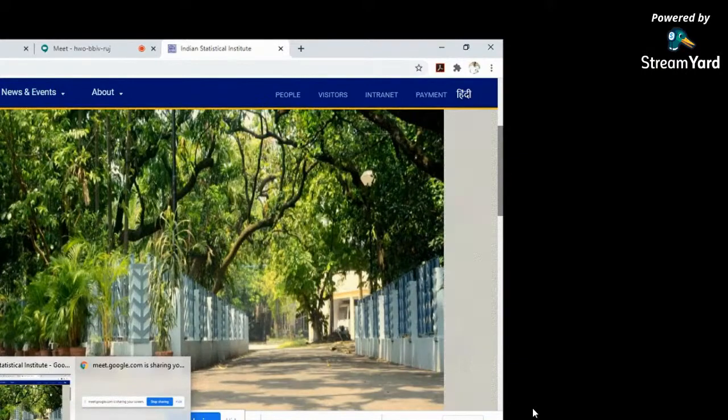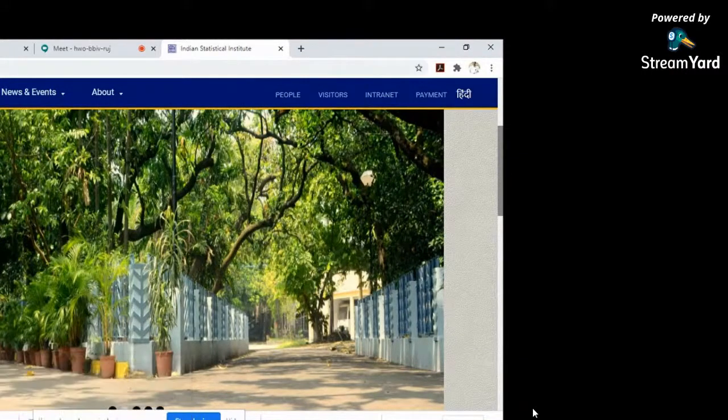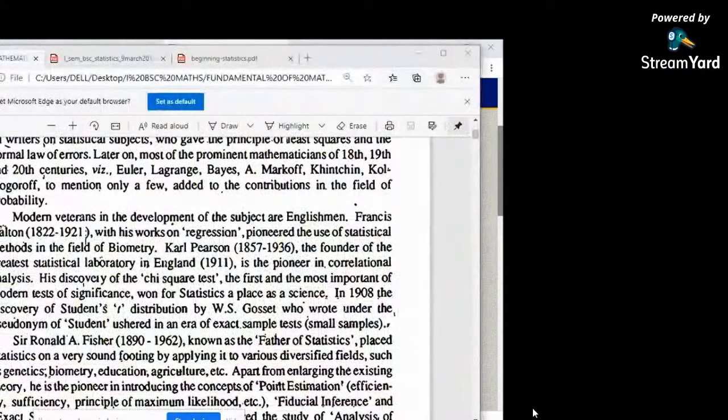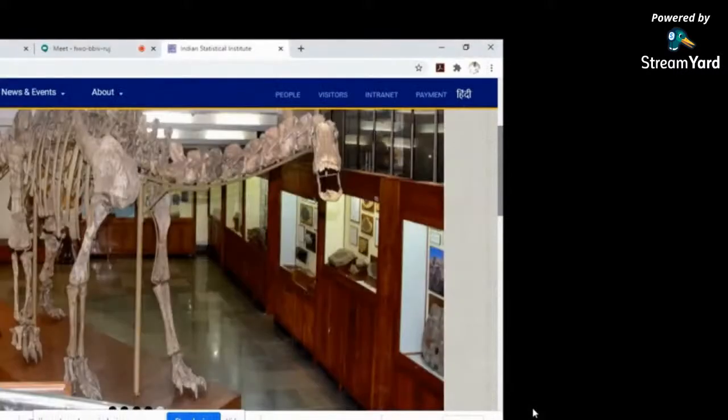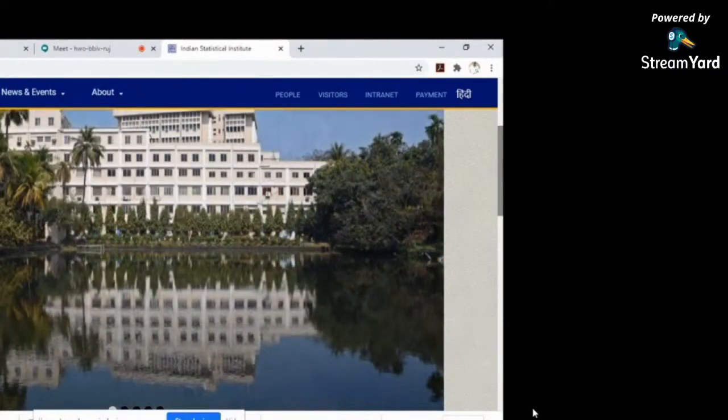The father of statistics is Ronald A. Fisher, and fortunately, I also got an opportunity to join this institute in 2006 and 2007.